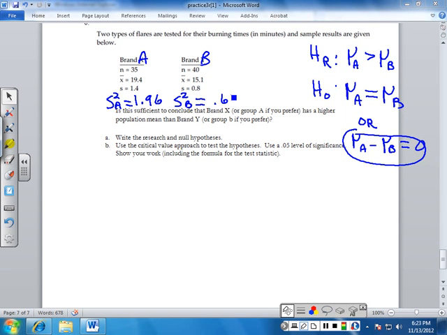And one of those is more than twice the other. 1.96 is more than twice as large as 0.64. So do not pool. If they were about the same, we could pool, but they're quite a bit different, so we won't pool.